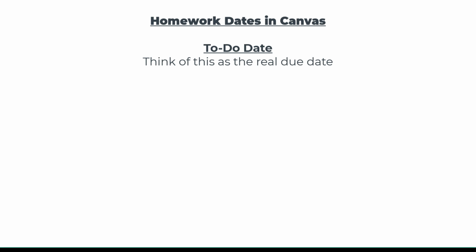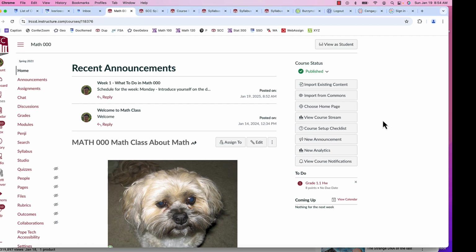First, we have the to-do date, which you should think of as the actual due date. Let me show you where to find the to-do dates in Canvas. The first place you'll find the to-do dates is in the modules. So let's take a look at the modules in this fictional Math 000.